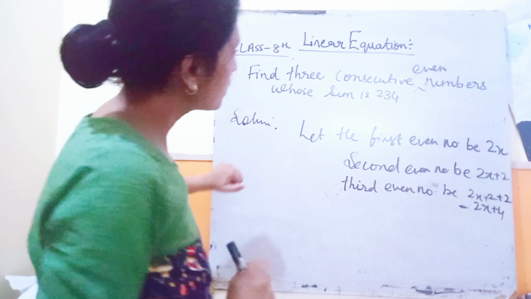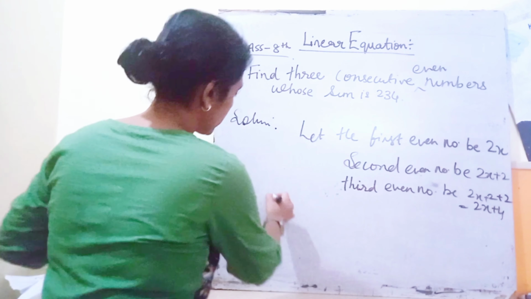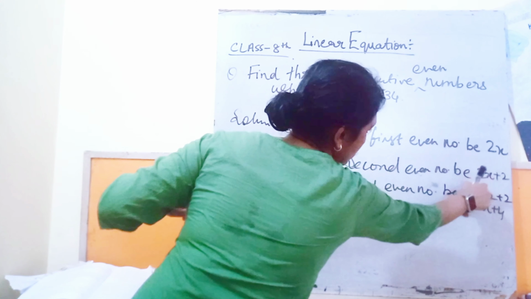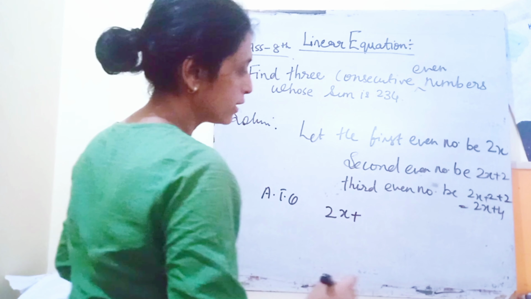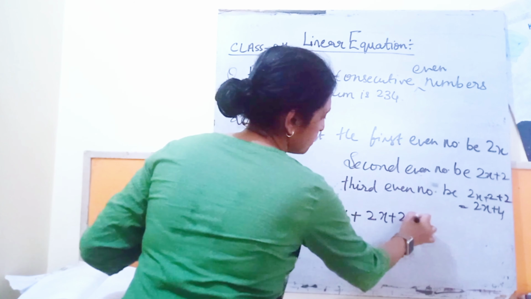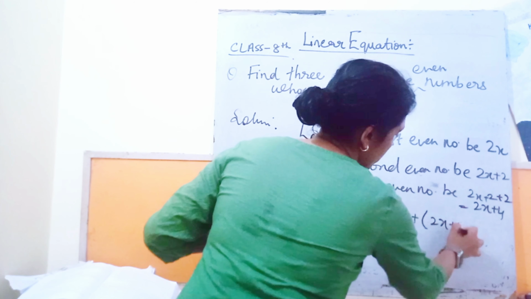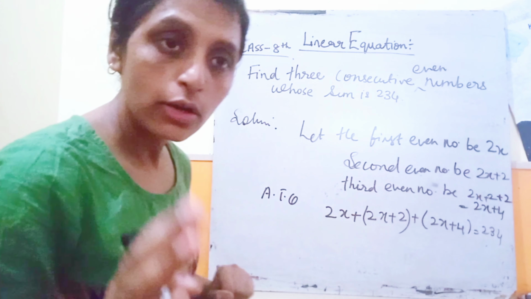Now the condition is given, their sum is 234. According to the question, the sum of these three even numbers is equal to 234. You can write it in the bracket, is equal to 234. Now what do we have to do?